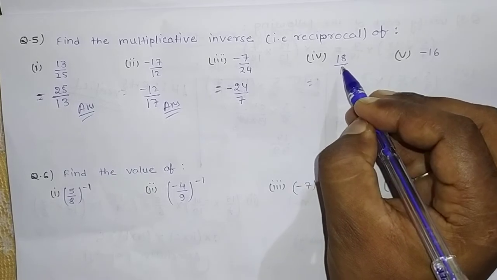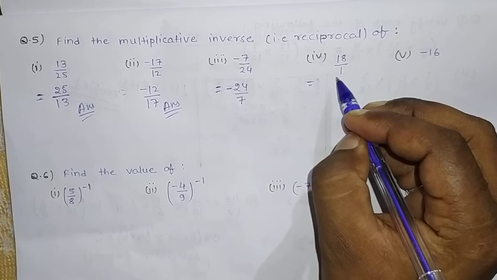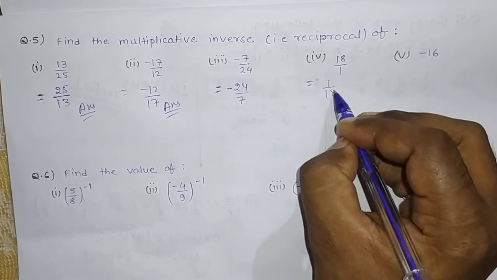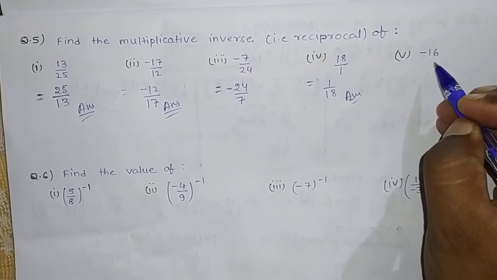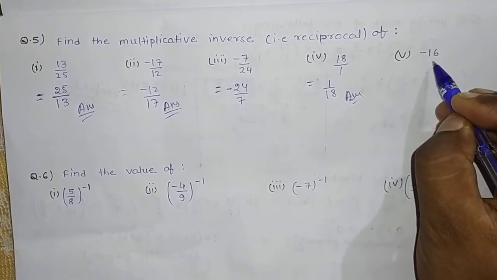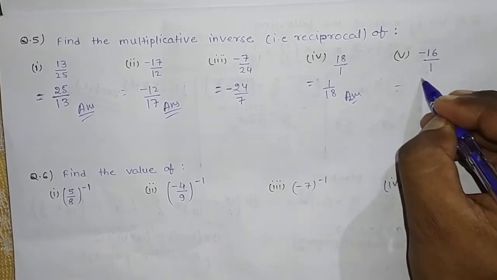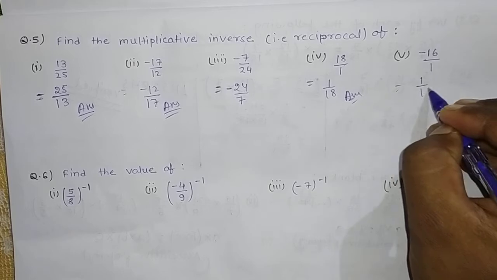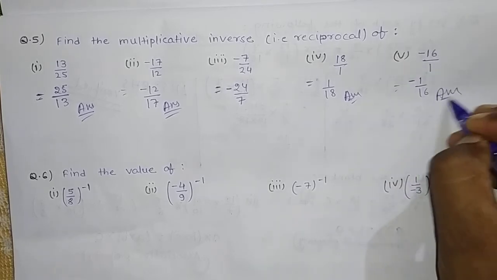Now, the reciprocal is 1 upon 18. This is the answer. Similarly, question number 5, minus 16 is written here. So here we can write minus 16 divided by 1. So the reciprocal is 1 upon minus 16. Now this is the answer.